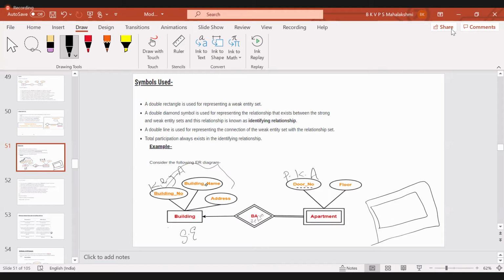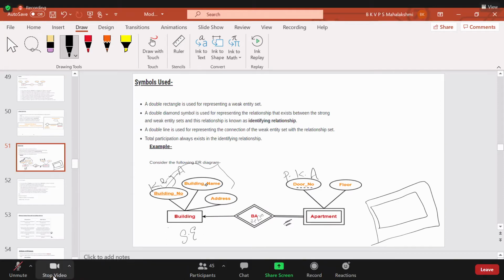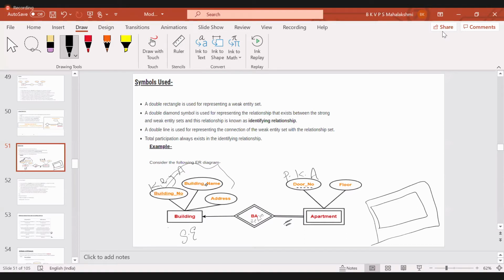But from the weak entity to the relationship, you have to put two lines. And if the weak entity maintains a relationship with another entity, then that relation should also be shown with the double-line rhombus symbol.